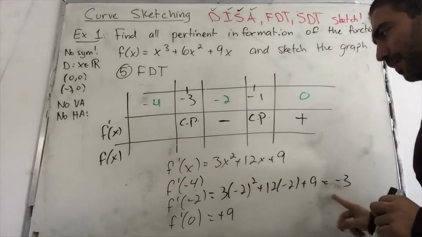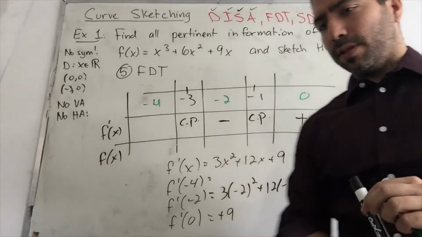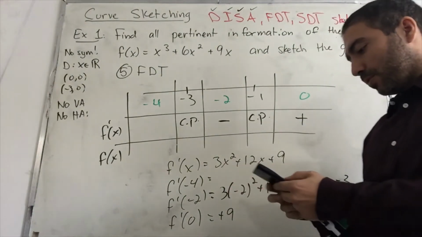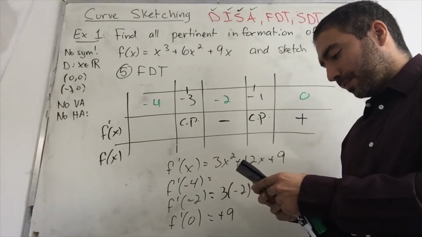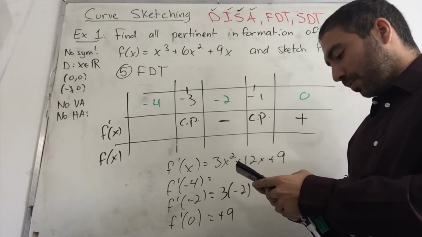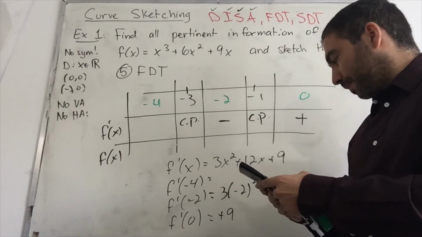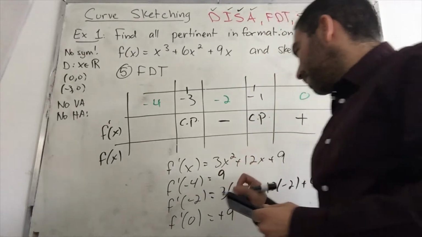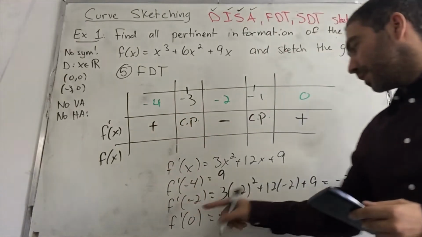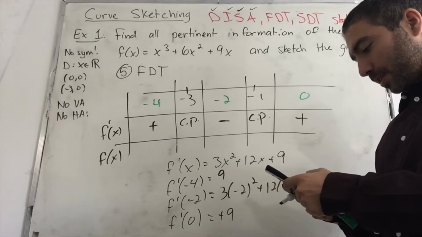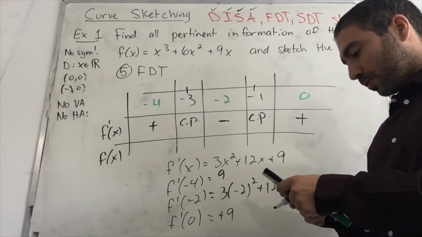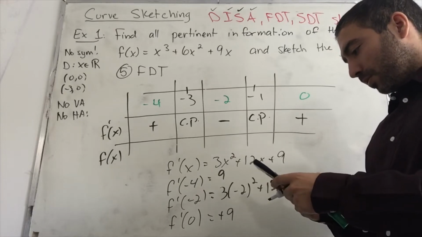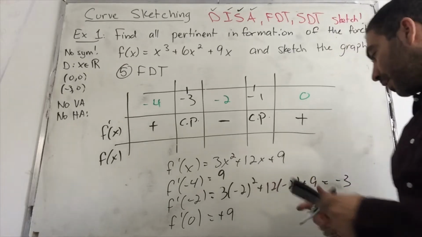Then if we plug in -4, let me take a calculator not to make a mistake. We get 3 times -4 squared plus 12 times -4 plus 9. I got a positive value, positive 9. Let me just ensure that -2 is actually negative: 3 times -2 squared plus 12 times -2 plus 9. Yes, -3. Okay, we're good.